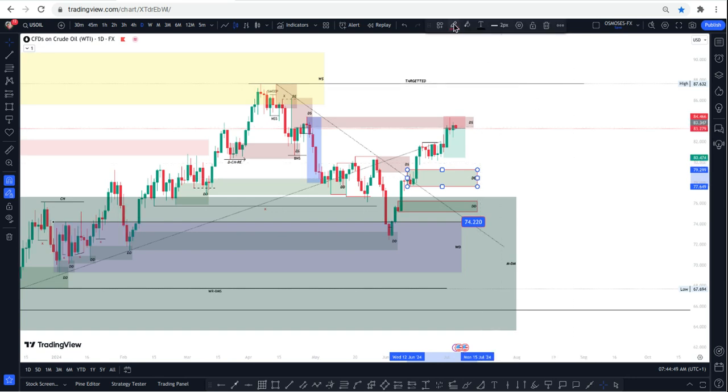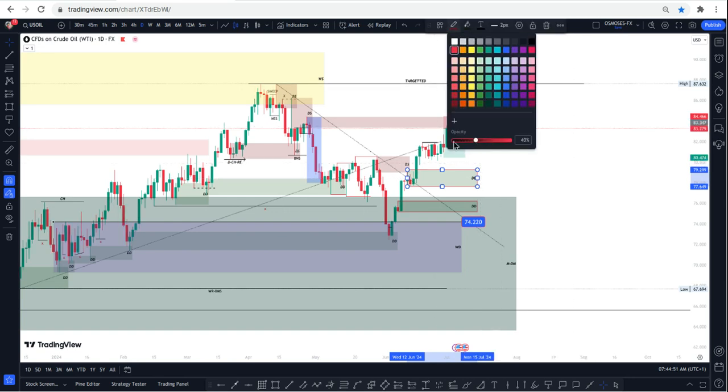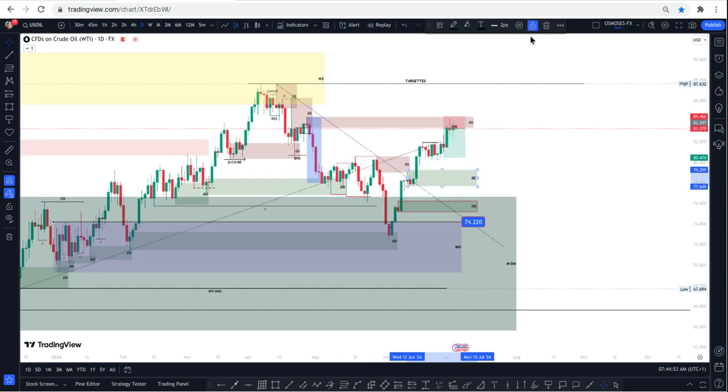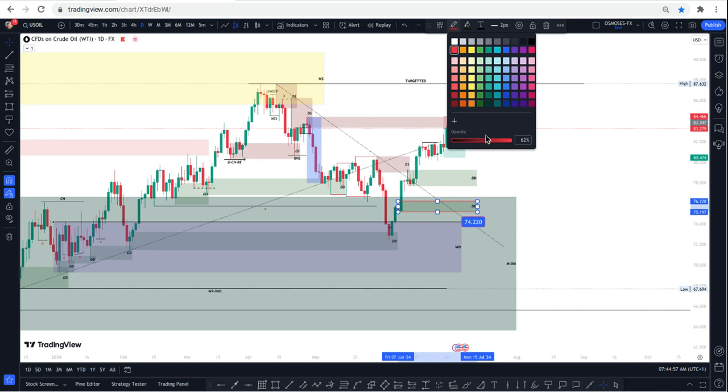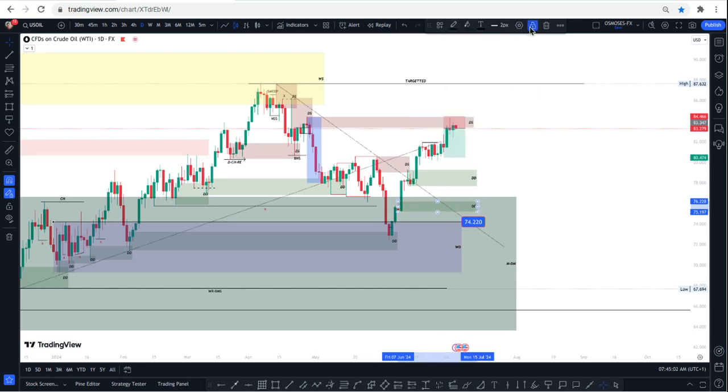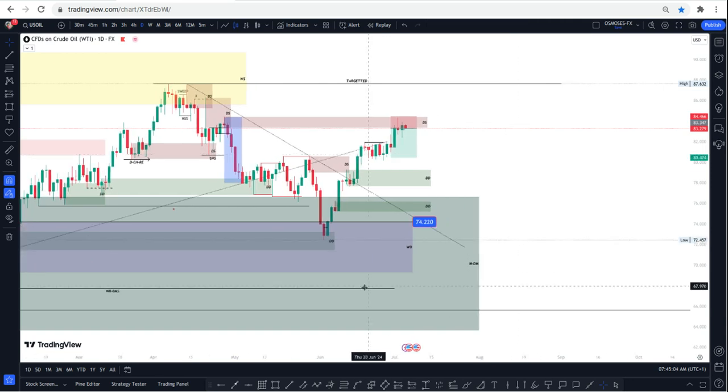Okay, let me remove this line and lock in. Let me remove this line also. And lock in. So I have, when price got into here, we have a drop base rally.